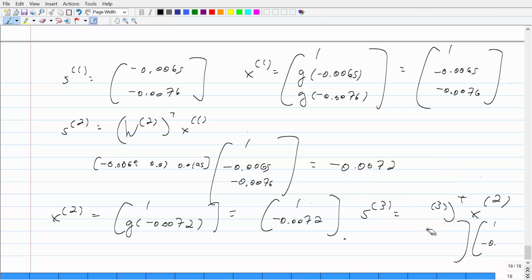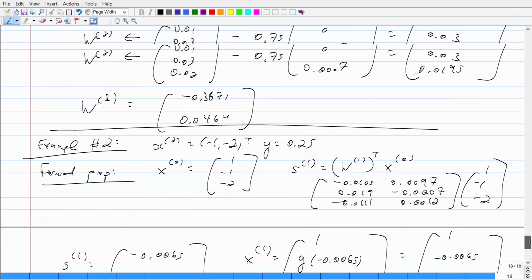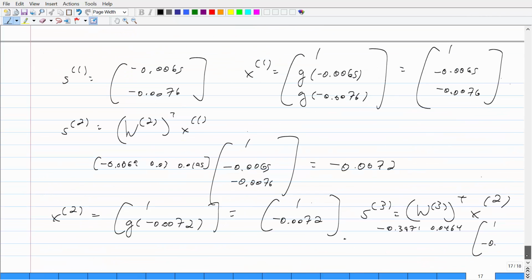Okay, whatever. So we have minus 0.3871, 0.0464. This was W. Okay, just want to remember. Yes, good. So here, and then 1.072. Okay, so when I calculate this number finally, this is equal to minus 0.3871.